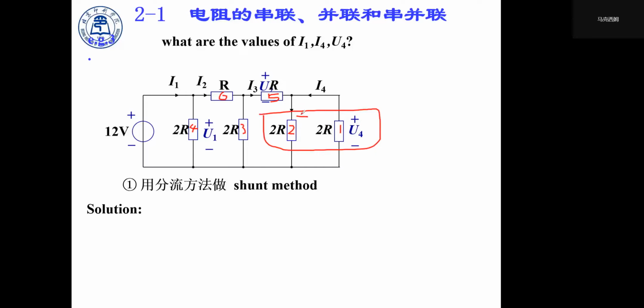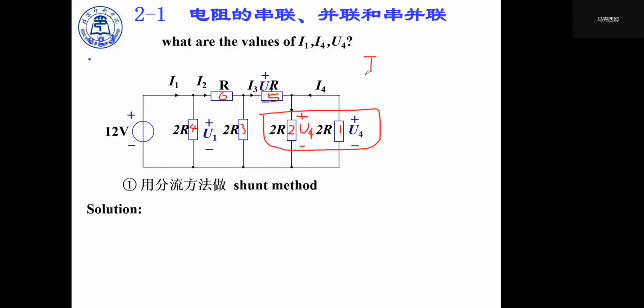So resistor 2 must have the same voltage as resistor 1. And since their values of resistance are identical, their currents must be the same, right? And so the combination of those two equals I3, right?